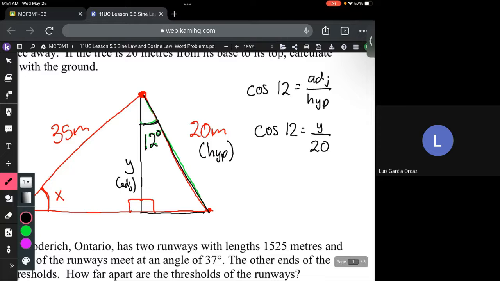So how do I leave Y by itself? Ashton? So I'm going to multiply both sides by 20. I'm going to get 20 times cos of 12 is equal to Y. We're going to be doing it to one decimal place. So what's 20 times cos 12? 19.5?